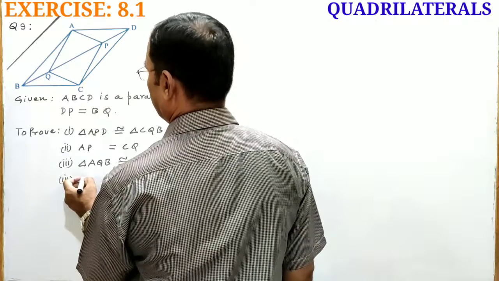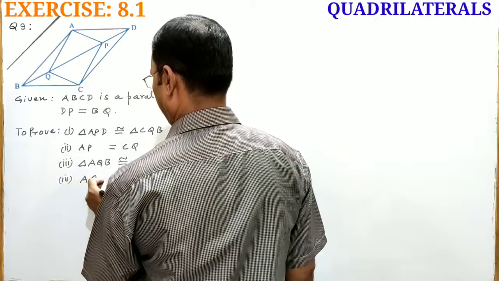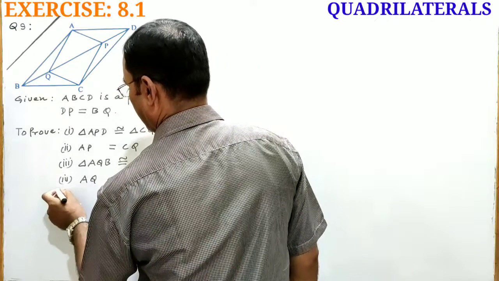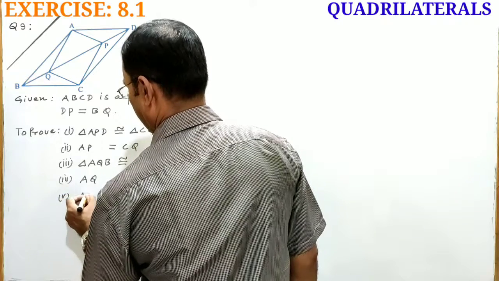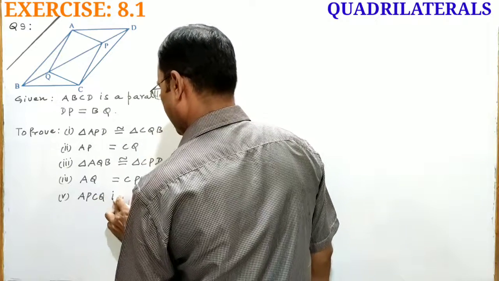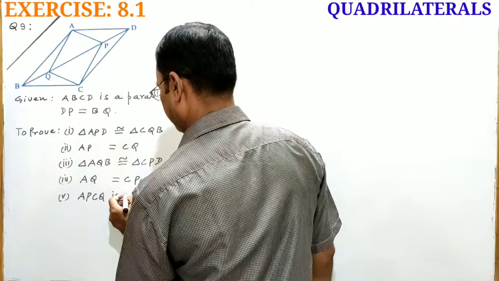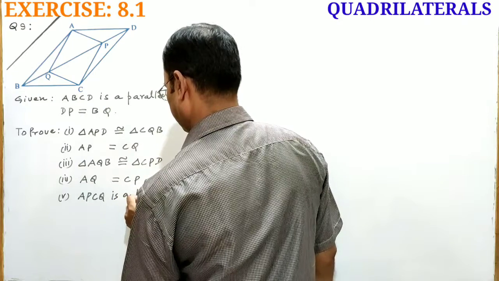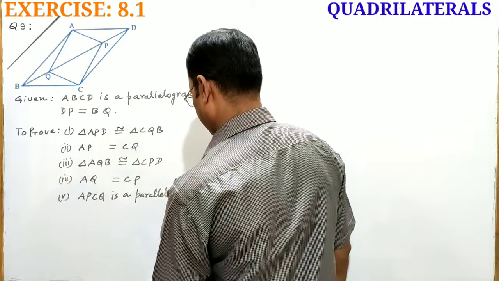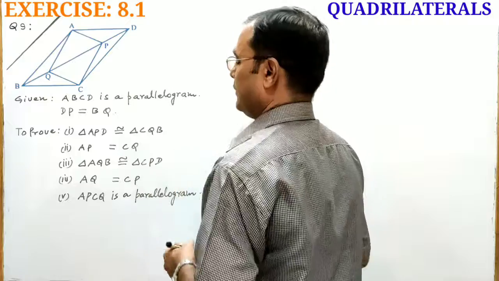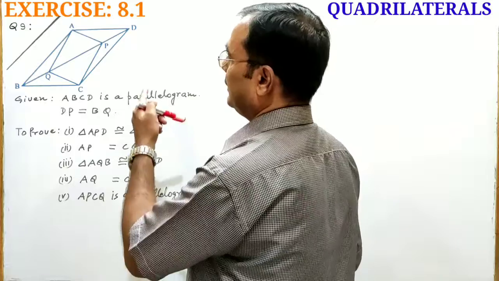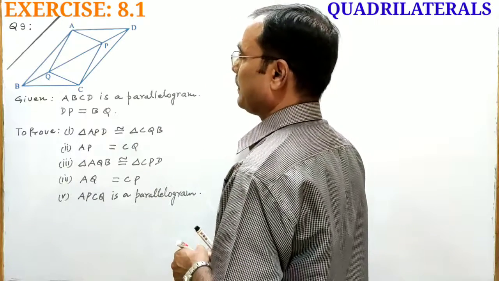AQ equal to CP. APCQ is a parallelogram. These 5 parts we have to prove based on this given information and figure in this question.